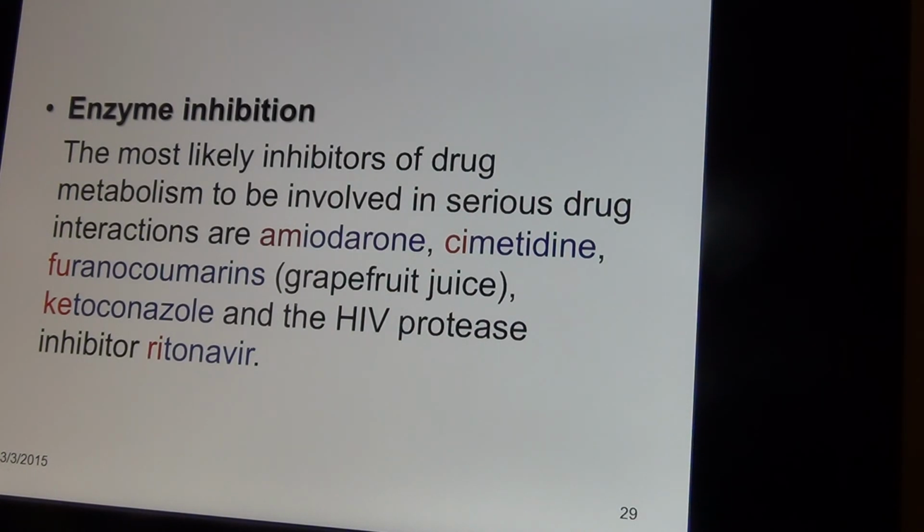When you give these together with another drug that is a substrate of a certain enzyme, they inhibit that drug's metabolism, so it will cause an increase in the effects of the other drug. So you are more likely to see the toxic or unwanted effects of the other drugs when you give amiodarone, cimetidine, grapefruit juice, ketoconazole, or ritonavir.